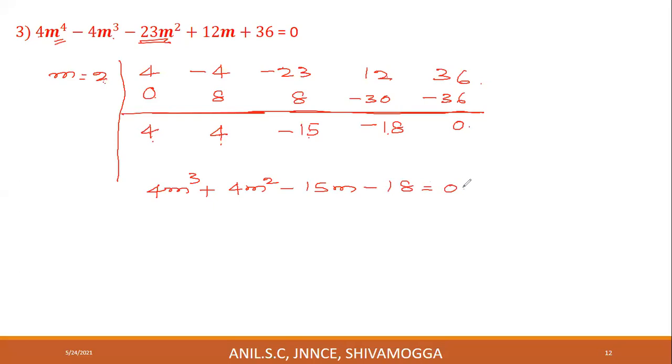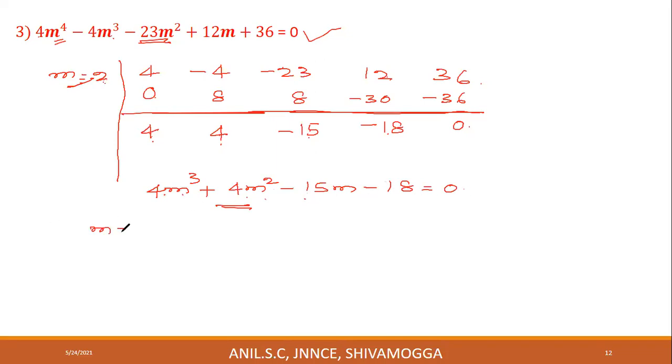Now by inspection find one root for this equation. There will be 4 roots for a biquadratic equation, therefore we have to find 4 roots here. Among the 4 roots, m is equal to 2 is a root. So by inspection, you find one more root for this equation, 4m cube plus 4m square minus 15m minus 18 is equal to 0.